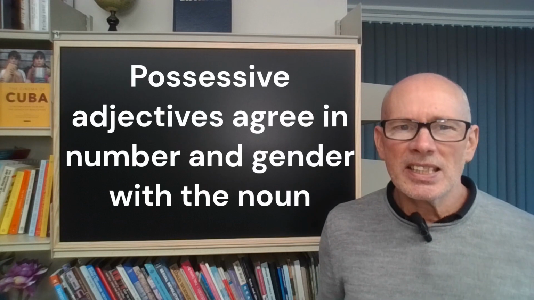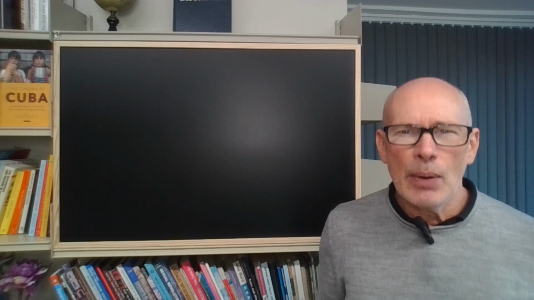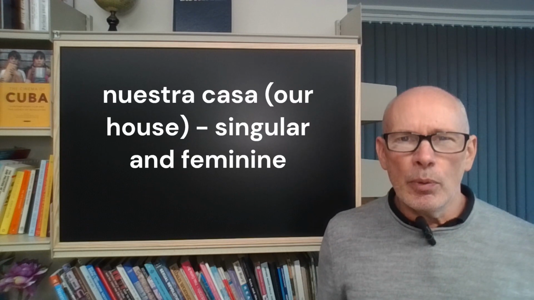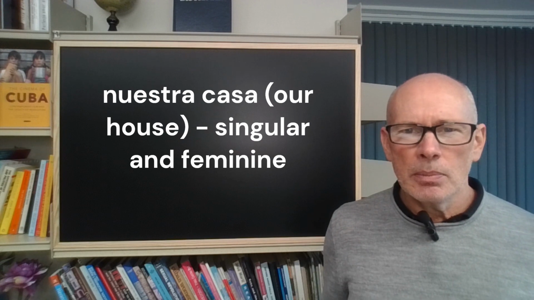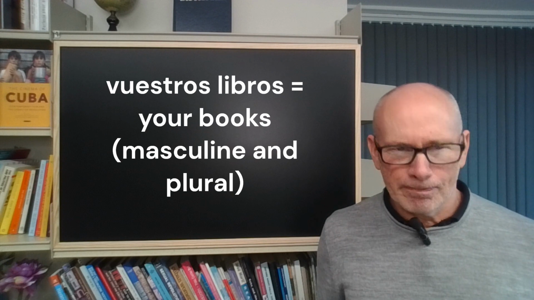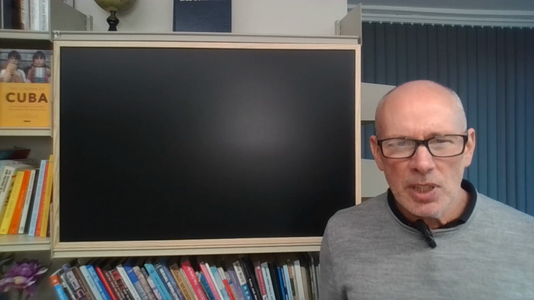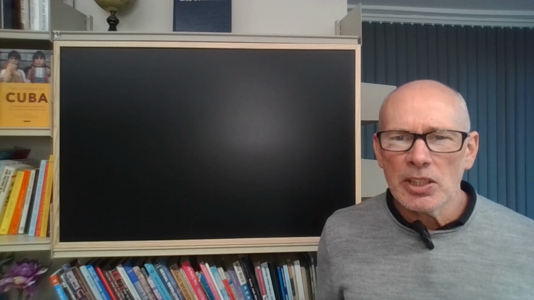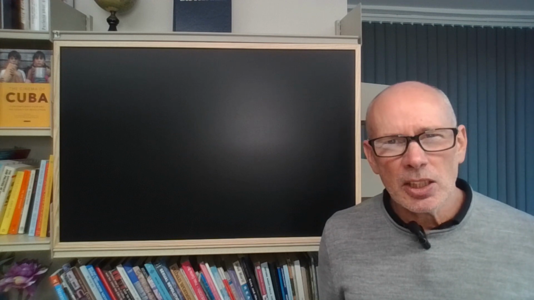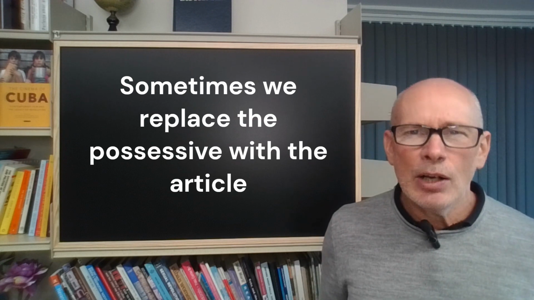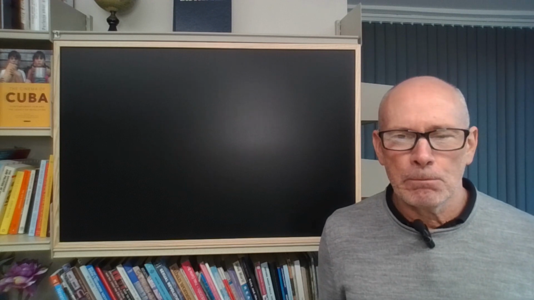So, nuestra casa means our house, singular and feminine, but vuestros libros means your books, masculine and plural. But sometimes, when we use these possessives in English, in Spanish, we would use the definite article, el or los or la or las instead.